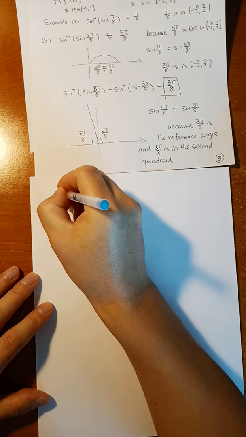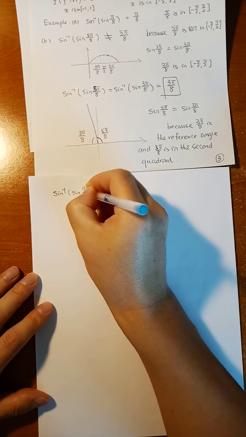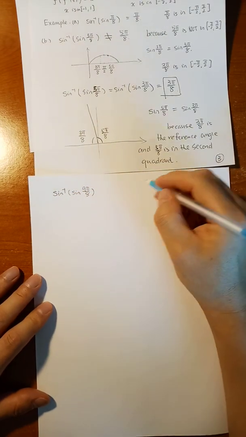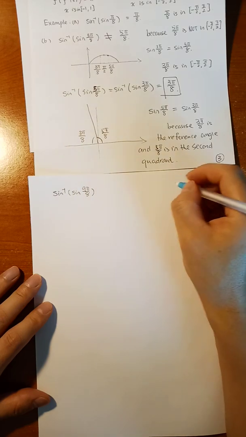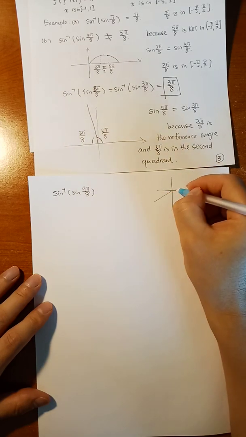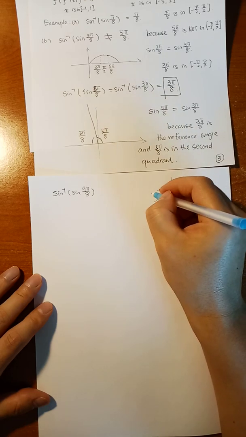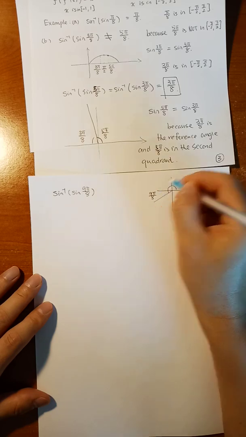Okay, for example, sine inverse of sine 9 pi over 8. First, you get 9 pi over 8. This is pi plus pi over 8, so this is 9 pi over 8, right?